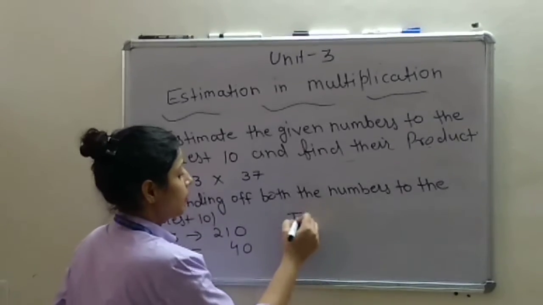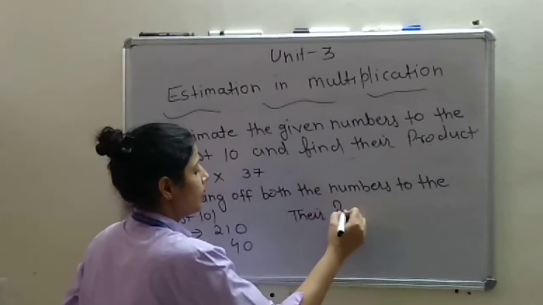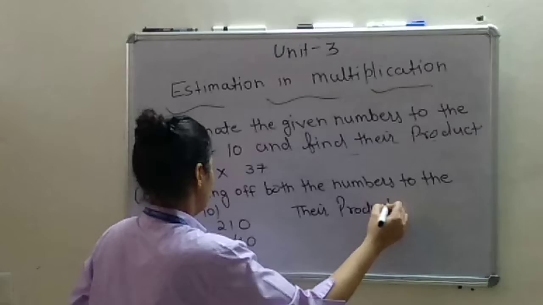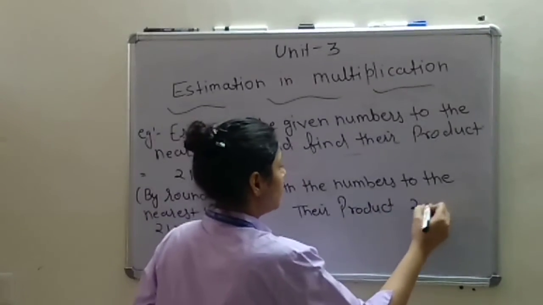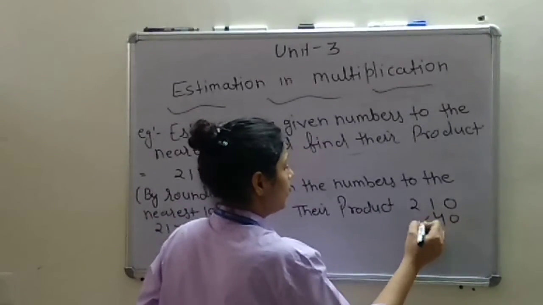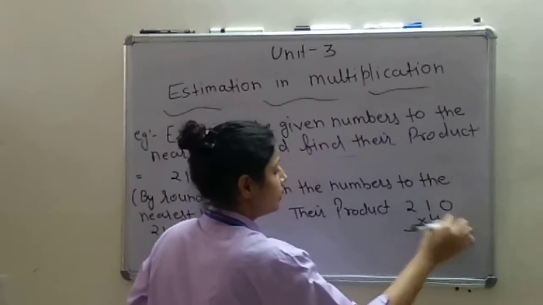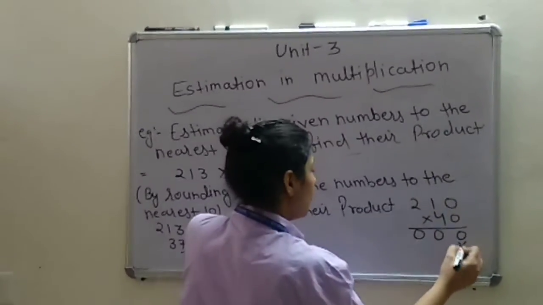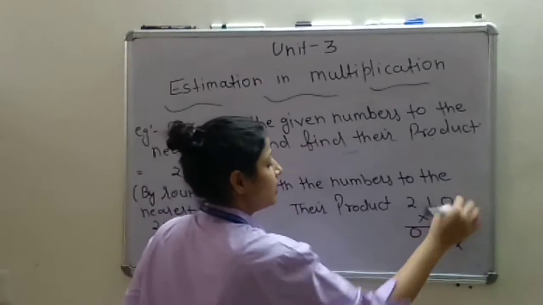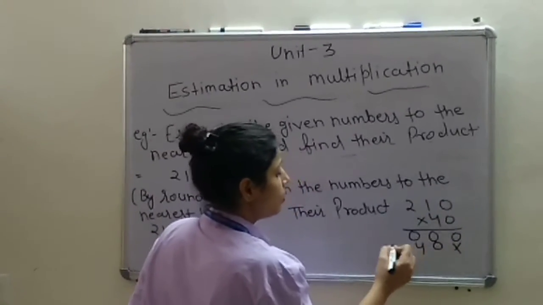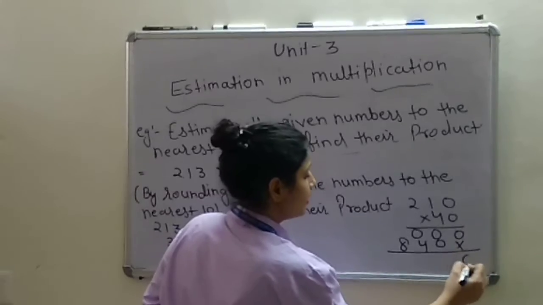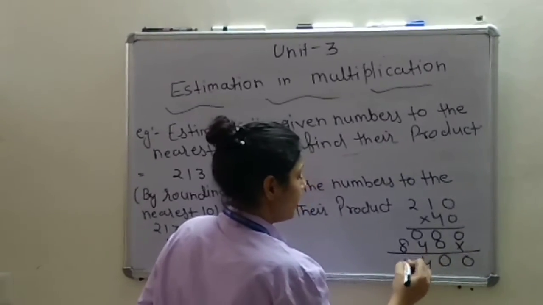Now, their product, how will you find it? We will multiply 210 by 40. 0 multiplied by 0, 0 ones are 0. 0 twos are also 0. Now multiply it by 4. 4 zeros are 0. 4 ones are 4. 4 twos are 8. 0, 0, 4, 8.